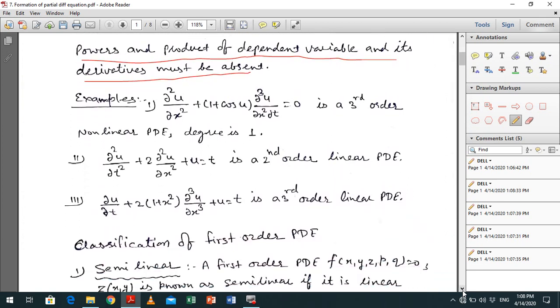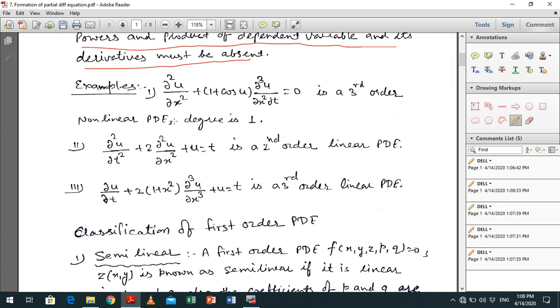Now there are some examples of partial differential equations. The first is del 2u upon del x square plus (1 plus cos u) del 3u upon del x square del t is equal to 0. This is a partial differential equation in dependent variable u and independent variables x and t. The highest order derivative term is del 3u upon del x square del t, so the order will be 3, and the exponent of this term is 1, so its degree will be 1.